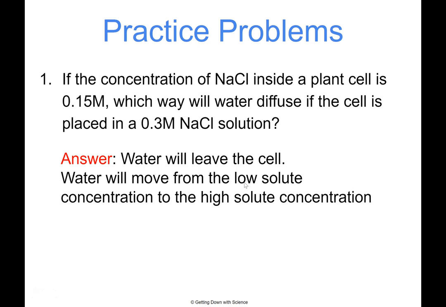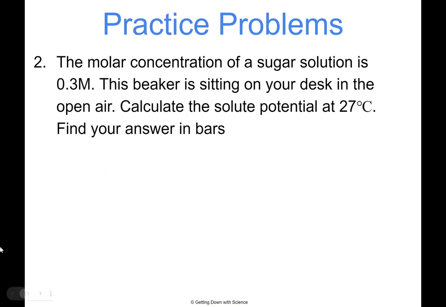It will move from the low solute concentration to the high solute concentration. 0.15 molar inside the cell is less than 0.3 molar, and 0.3 is higher. So we're going to move from the 0.15 to the 0.3 to dilute it out. Okay, so we didn't even have to do math for that one.